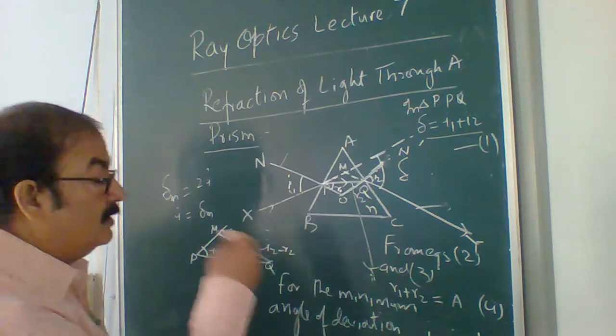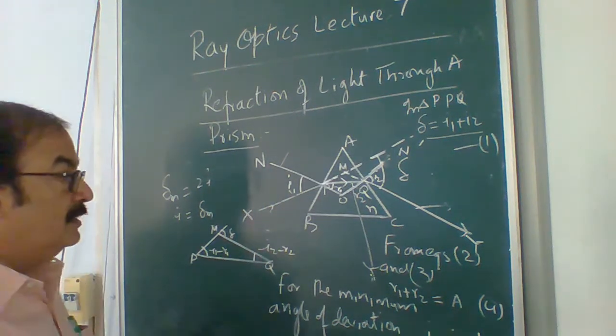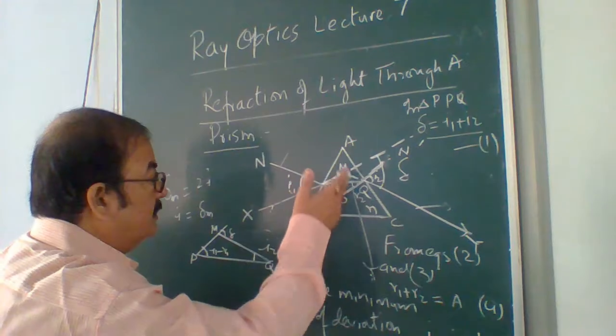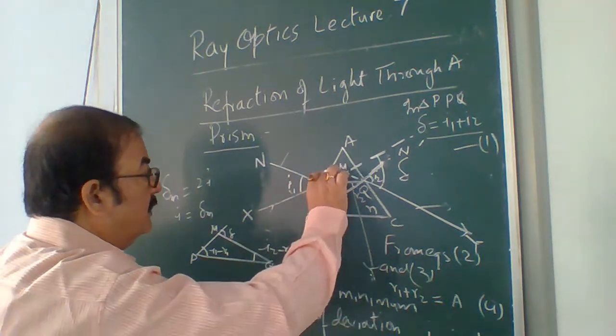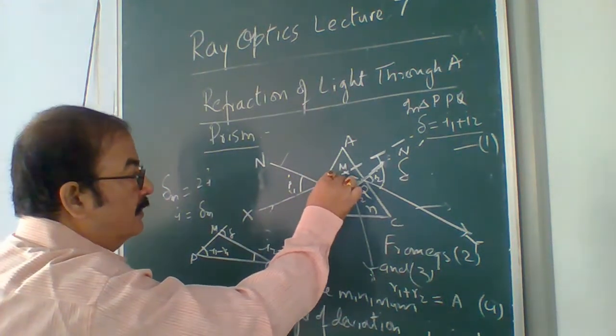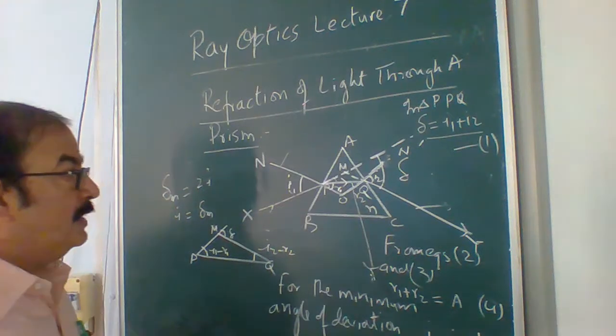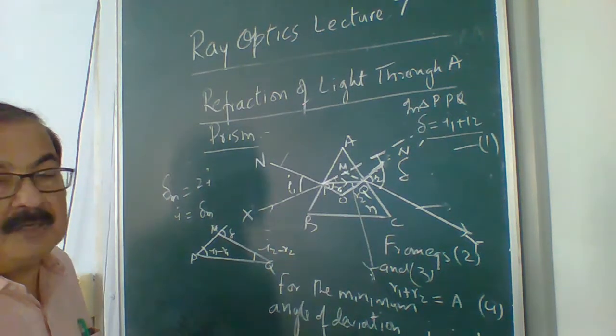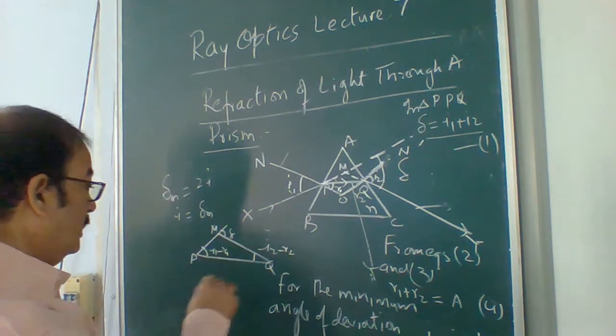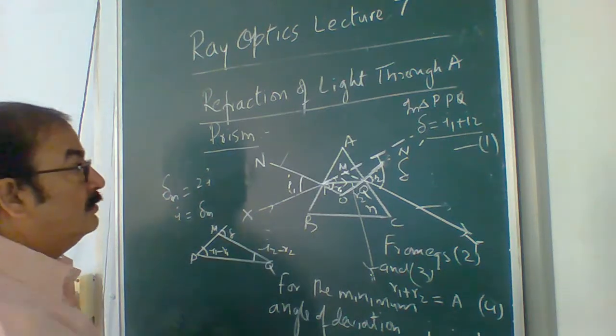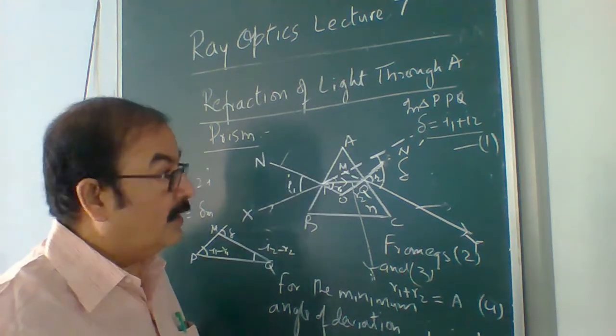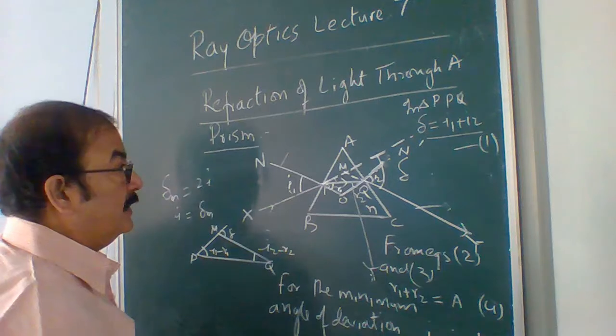During our previous thing we have actually considered this entire I1. No, this one will be entirely I1, but not this one. This smaller part will definitely be I1 minus R1. तो I1 minus R1 यहाँ पे I2 minus R2 होगा. तो equation 1 जो निकला है, that will be some modification.